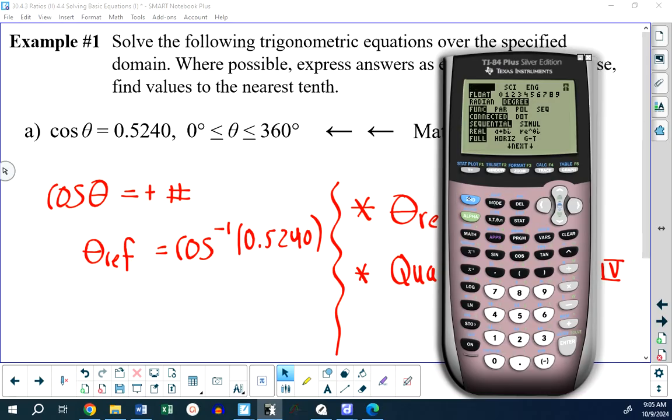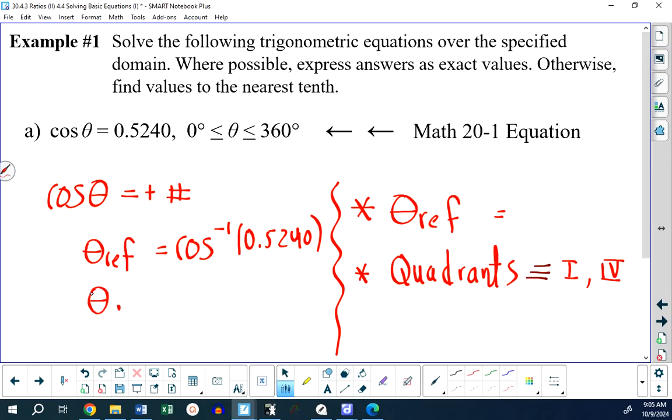So I take the inverse cosine of 0.524, and you get 58.4 degrees. So the reference angle is 58.4 degrees. Are you with me on that? Is it coming back to you now?